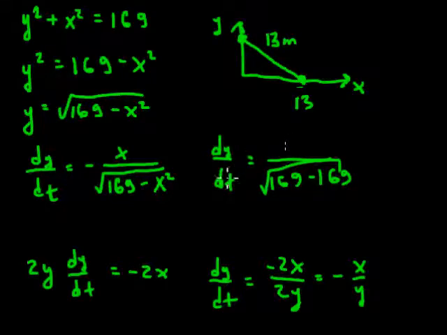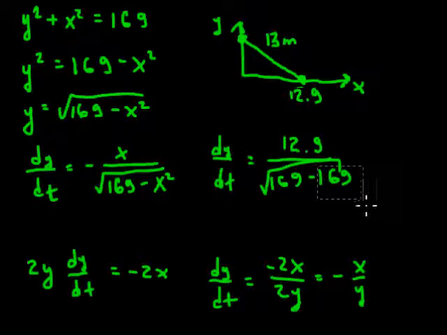You can pick this distance as 12.9, and then square 12.9 squared. And if you plug in this thing, you know at what speed the top of the ladder hits the ground.